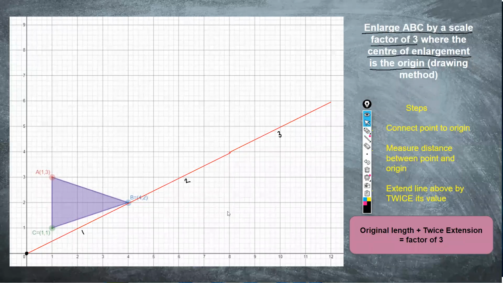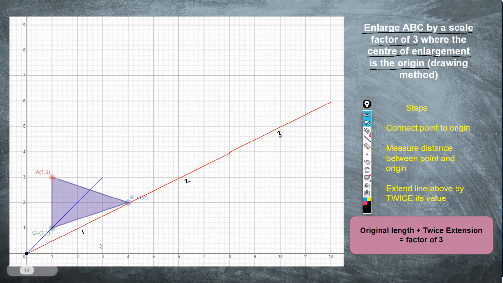Where will I have to choose another point now? So this time is the blue line. You all see it here? I took a shot at point C. So using my ruler, I'm going to measure the length of the blue line. And then whatever I get, I extend it 1, 2.